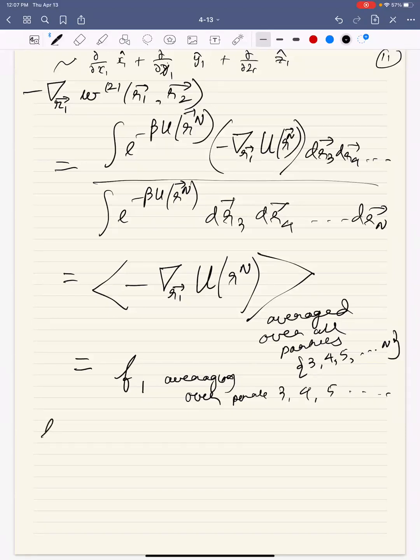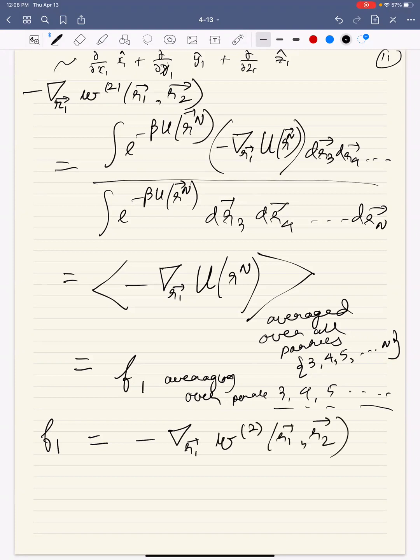So what have we just shown? We have said that the force experienced by particle number 1, averaged over 3, 4, 5, is equal to minus the gradient with respect to R1 of W2 of R1, R2.